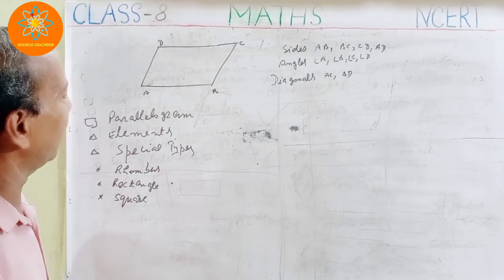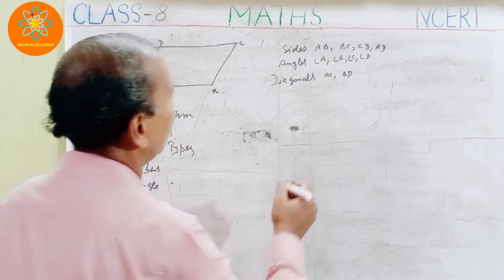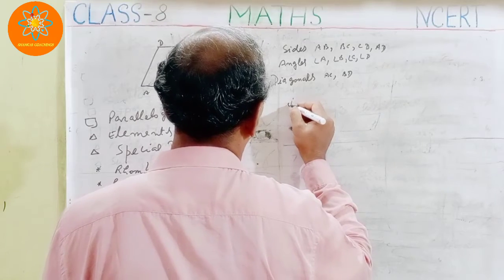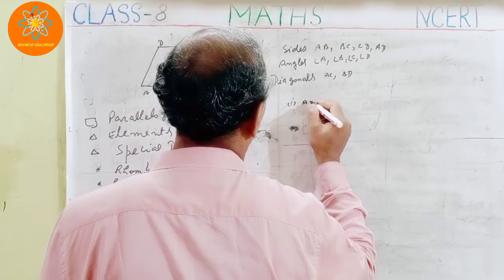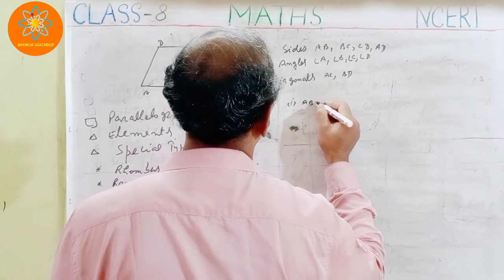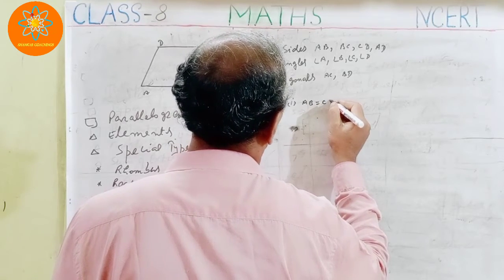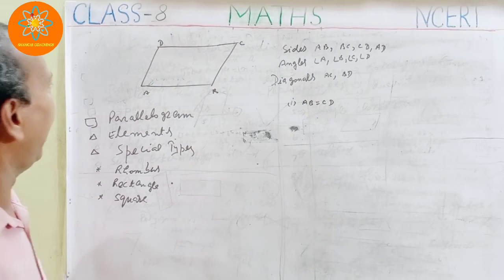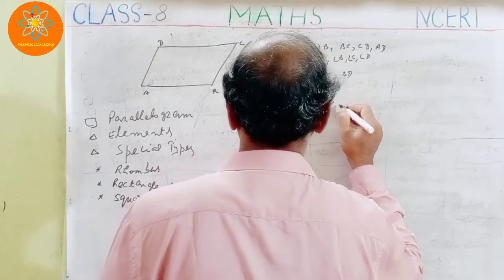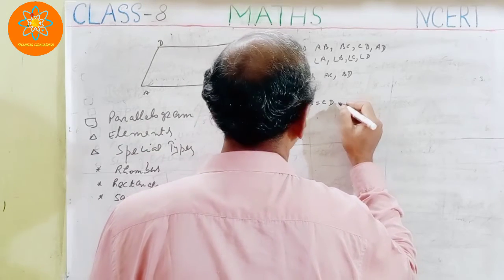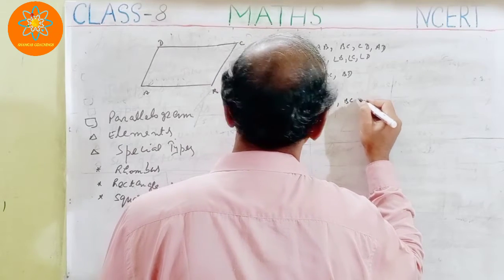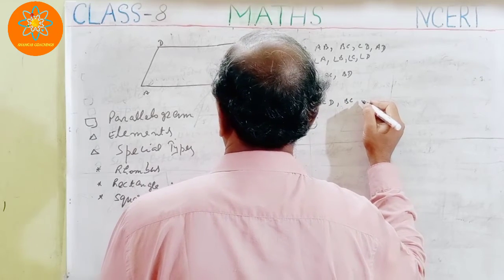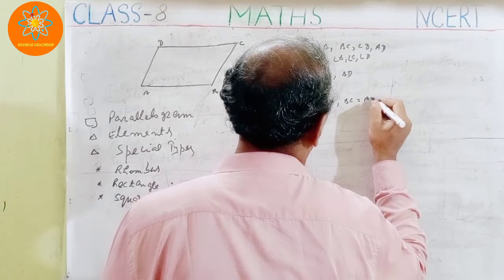The parallel lines are equal. The first one is AB is equal to CD. And the other parallel lines are BC and AD, so BC is equal to AD.